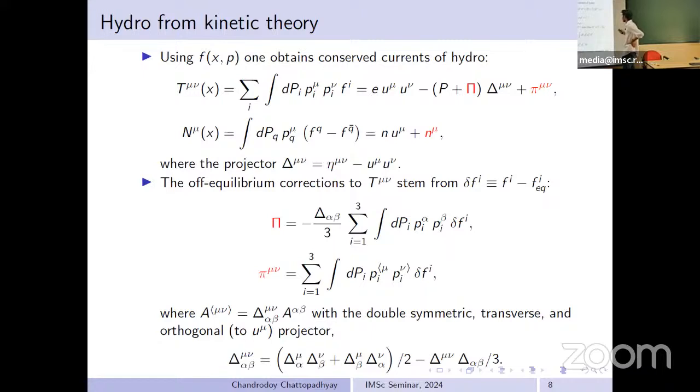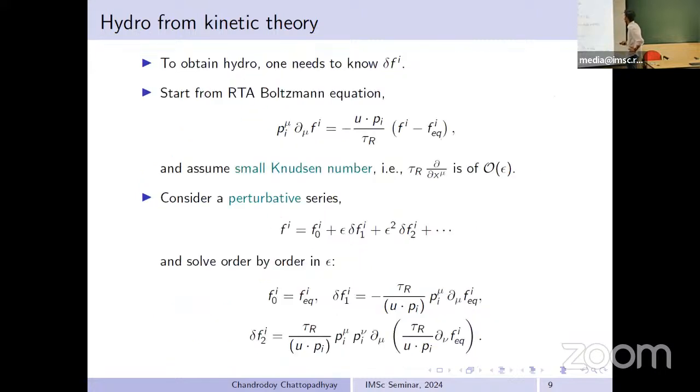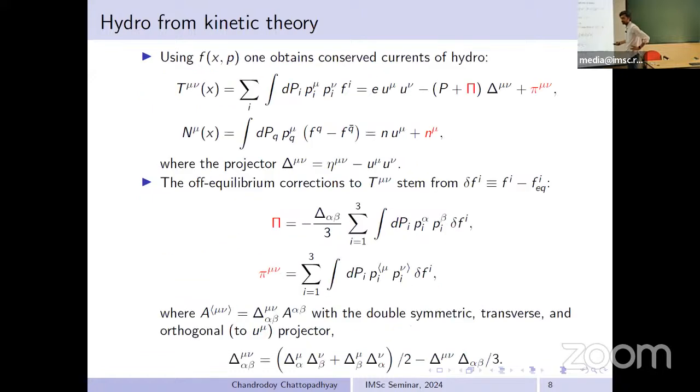The important thing to note is that all these off-equilibrium corrections are related to the deviation of the distribution function from its local equilibrium form. So if we can know how much the medium is away from equilibrium, we can compute these off-equilibrium stresses. Yes, exactly.